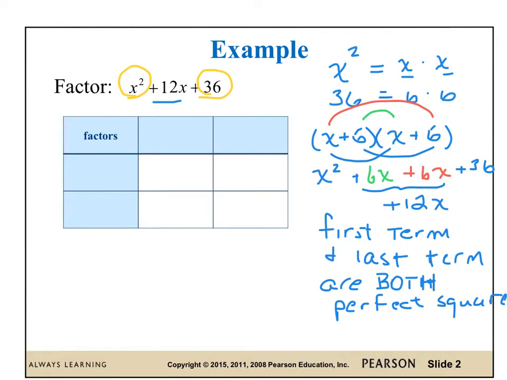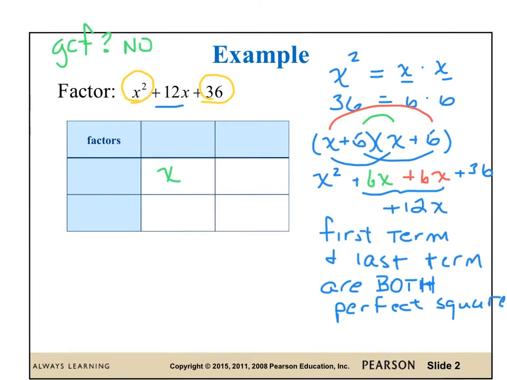The first step is still, is there a GCF? And that should still, even when you have a perfect square, be your first question. And the answer is no. So then your second step is to put your first term in your first box and your last term in your last box.